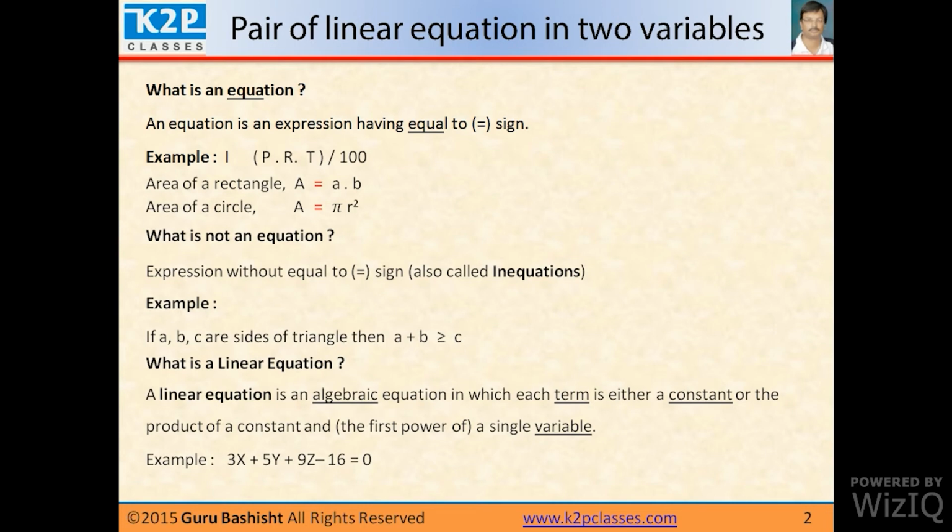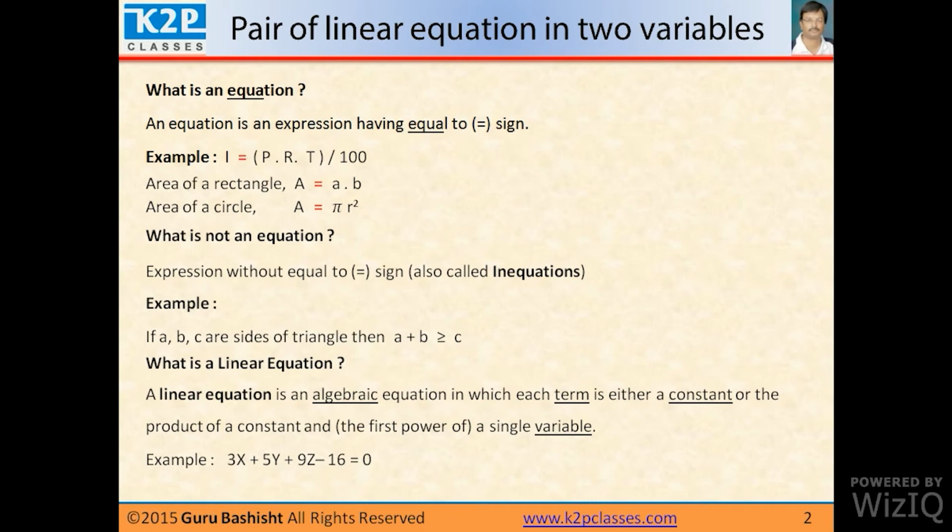Here you see it is algebraic, with plus, minus or into. You cannot have a linear equation like sin x plus 3 cos x. These are trigonometrical equations. If it is a linear equation, it has to be an algebraic equation, and each term consists of a product of a constant and a variable, or only a constant, or only a variable.